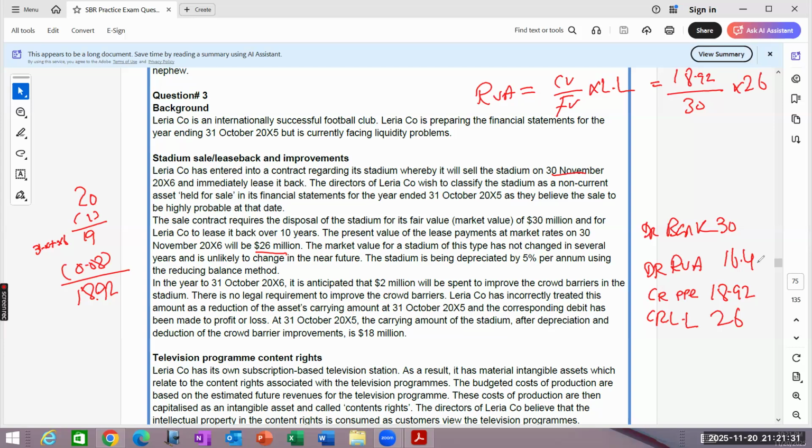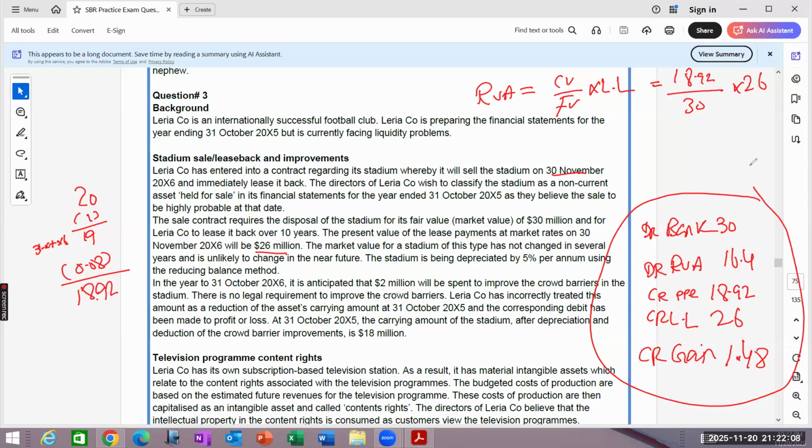And the balancing figure will be 1.48 on the credit side, and that would be the proportionate gain on disposal of 1.48.